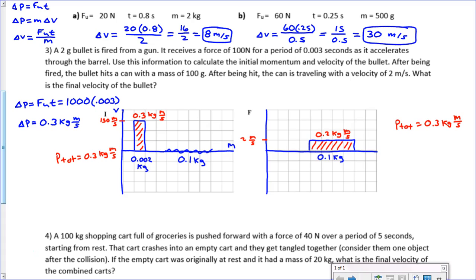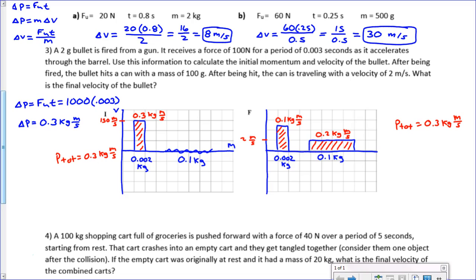The can has 0.2. That means the remaining momentum in the bullet is 0.1. It still has a mass of 0.002 kilograms, and we know here that its momentum is 0.1 kilogram meters per second.